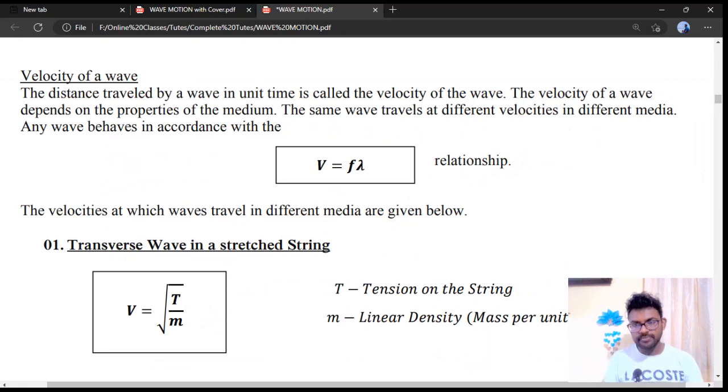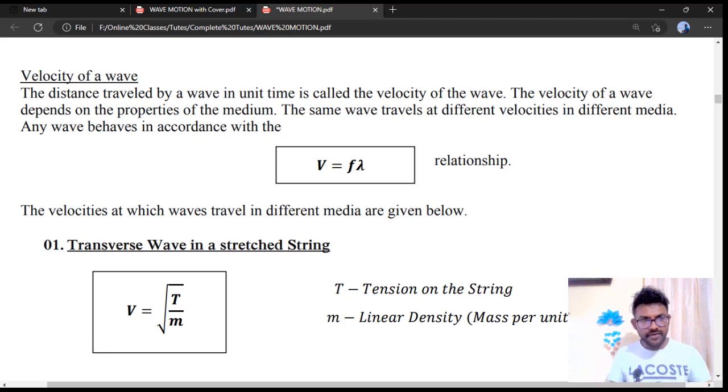So the velocity of the wave propagation depends on the medium, if it is passing through a medium. If there's no medium, there won't be mechanical waves, but we can still see electromagnetic waves. The velocity of electromagnetic waves in vacuum is 3 into 10 to the power 8 meters per second, right?